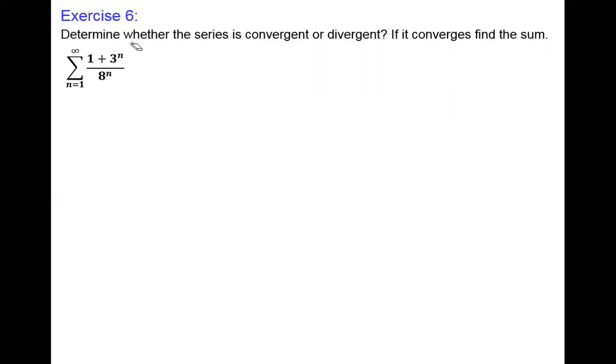Again, I see n in the exponent, that means it is a geometric one. However, the addition is asking me to split it in two, because I don't have addition in the geometric series. The first one is 1 over 8^n, and the second one is 3^n over 8^n.